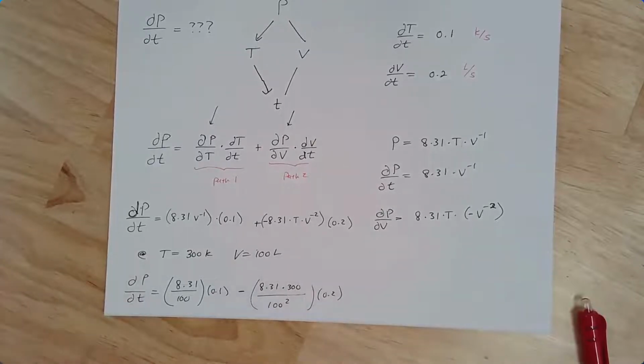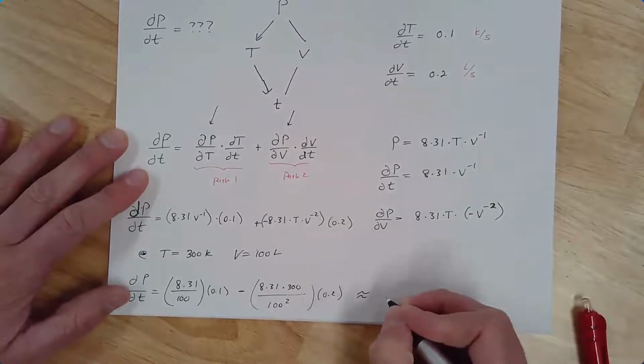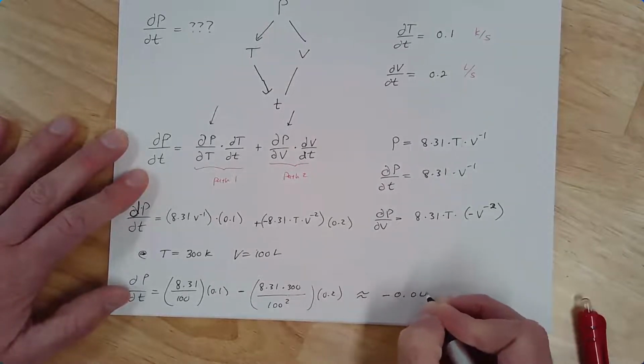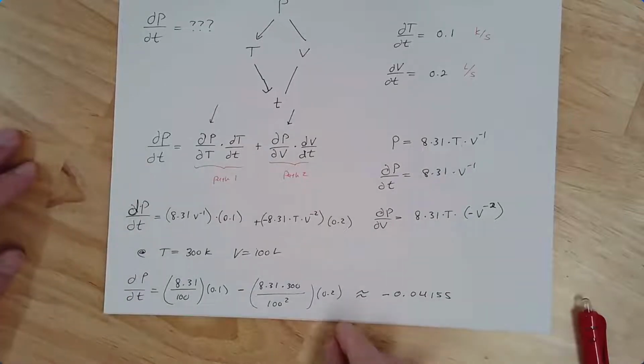This is definitely the time to use a calculator. No one is calculating this by hand. Don't be ridiculous. When we do this, we're going to get about negative 0.04155.